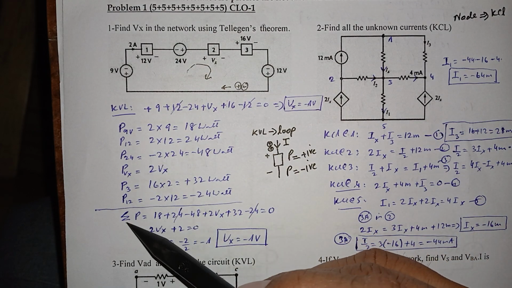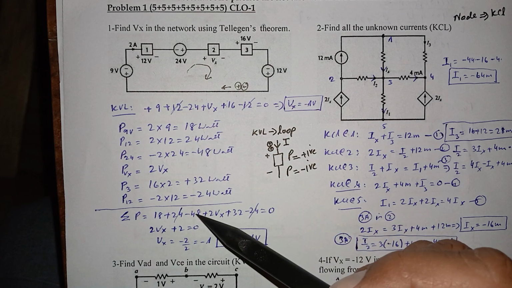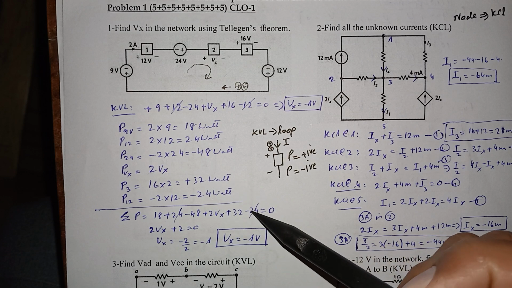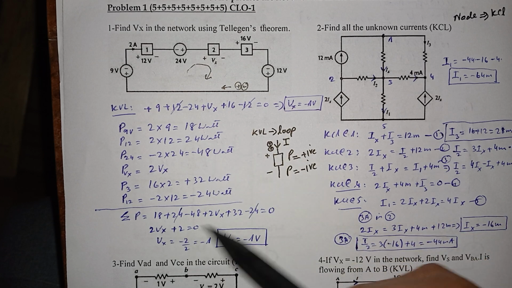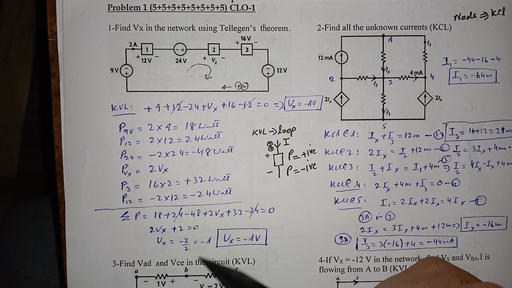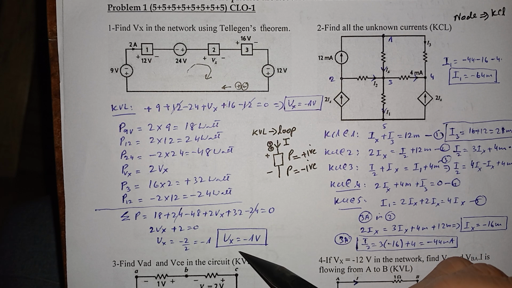So I sum up all the powers. This is 18, 24, minus 48, plus 2Vx, plus 32, minus 24. This is one equation and one unknown. So 2Vx plus 2 is equal to 0. This ends up as Vx equal to minus 1 volt.